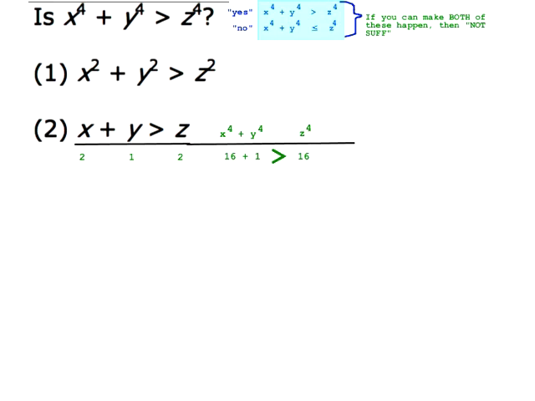So now the goal in life that we have is to make the left-hand side, to make x to the fourth plus y to the fourth, less than or equal to z to the fourth, while still keeping this condition true. So I like the way that Anthony did this.